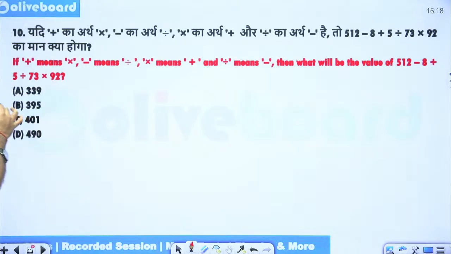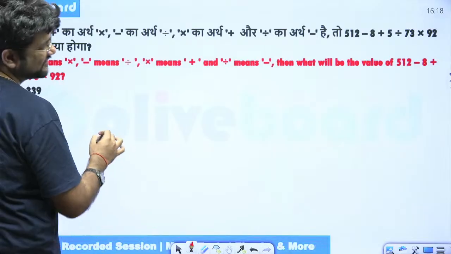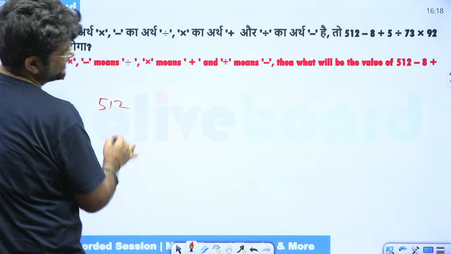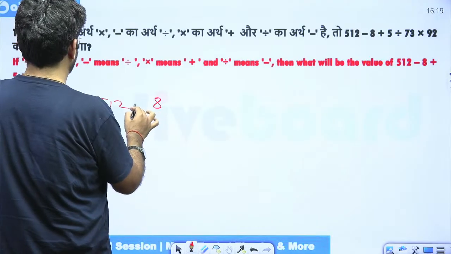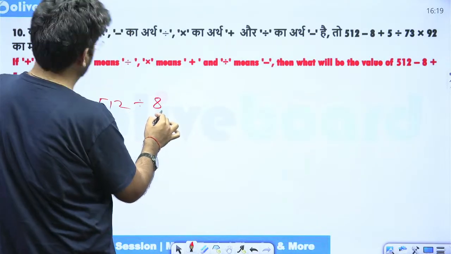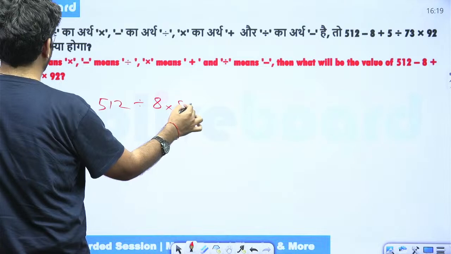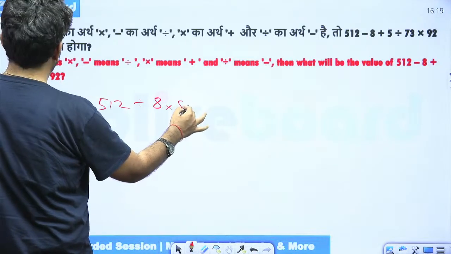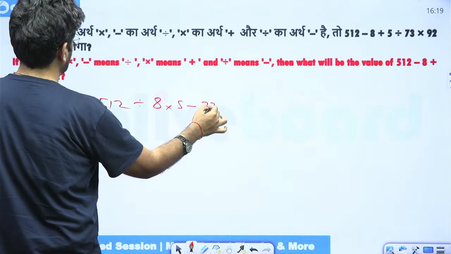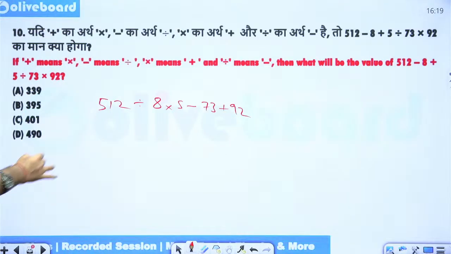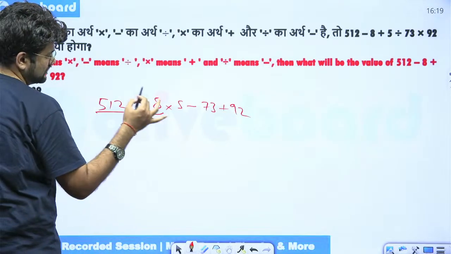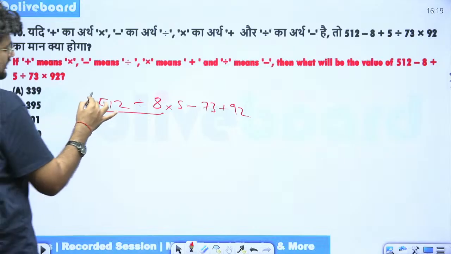Plus means into. So 512, 8. Minus means divide, 8. Plus means into, 5. Divide means minus, 73 into means plus 92. Okay, so this is 64. 64 into 5 is 320.